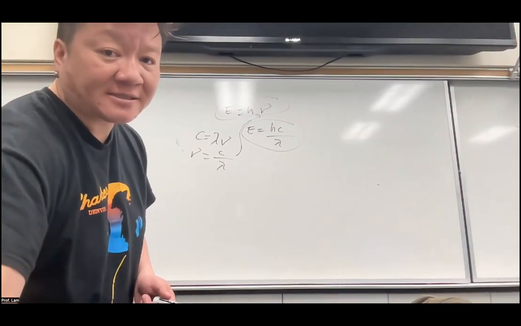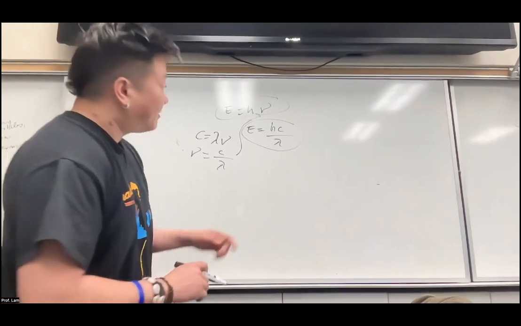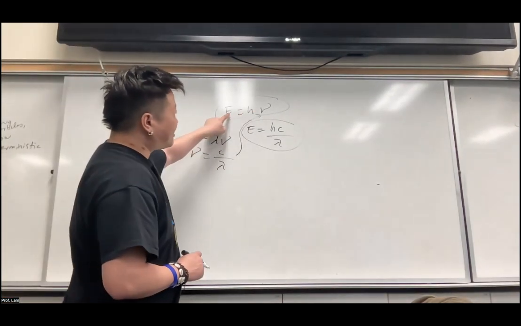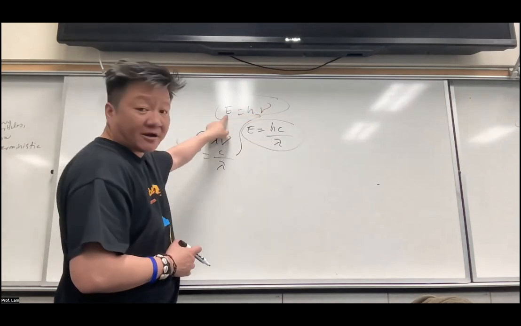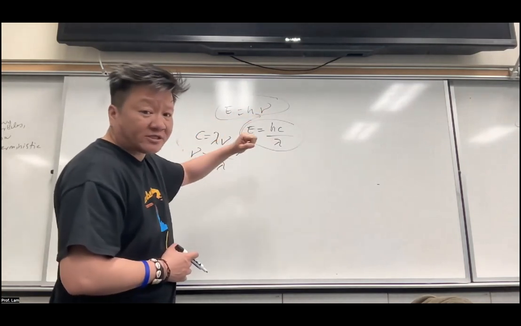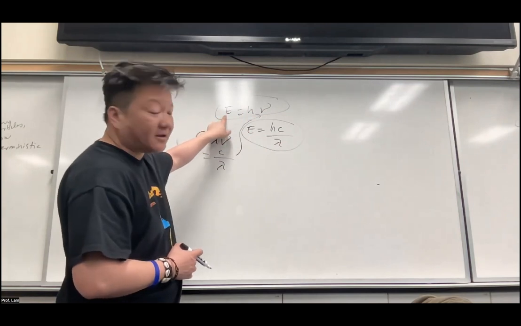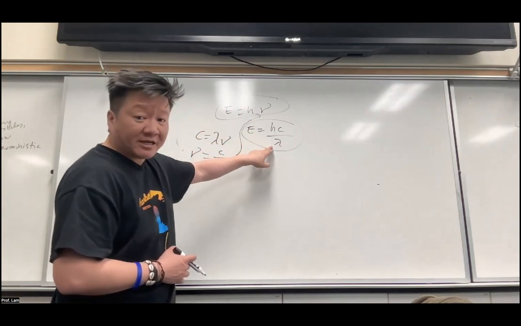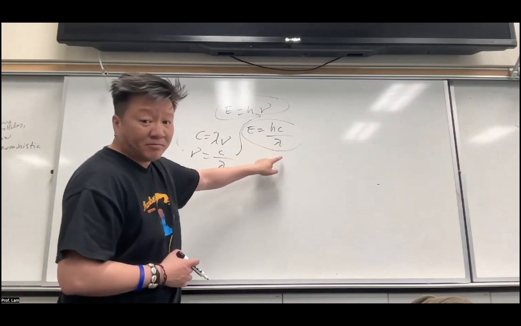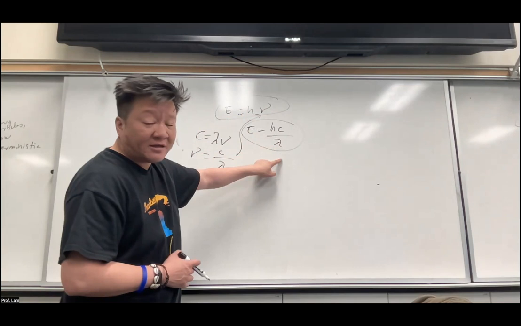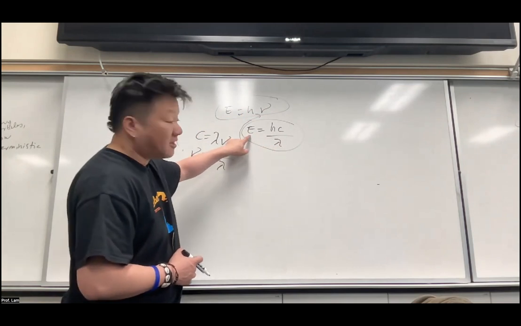And you can see that frequency is directly proportional to energy. So the higher the frequency of light, the higher the energy it is. The lower the frequency of light, the lower the energy it is. And energy is inversely related to lambda, because lambda is in the denominator. So if the denominator gets large, that means you have long wavelength light, which is lower energy.